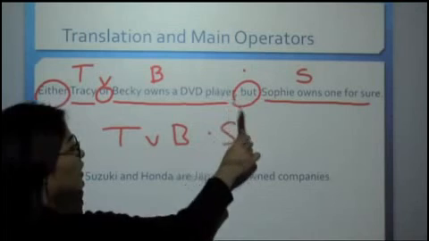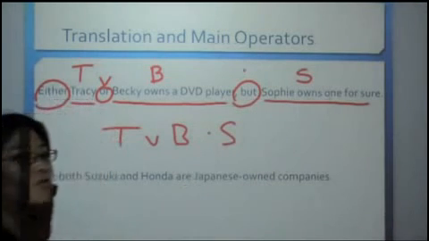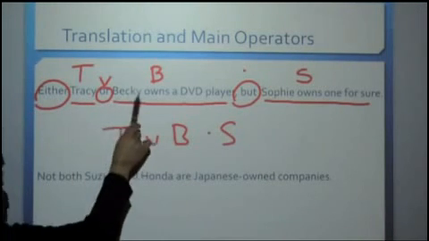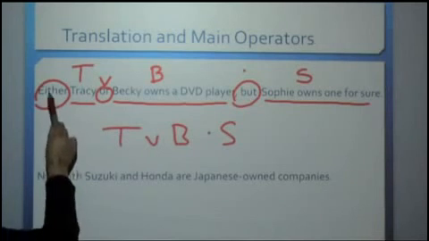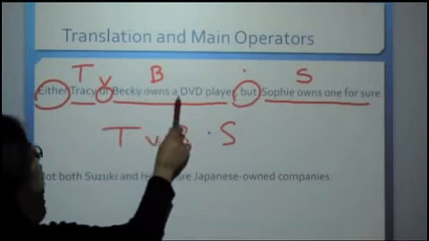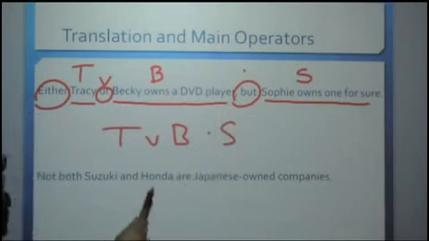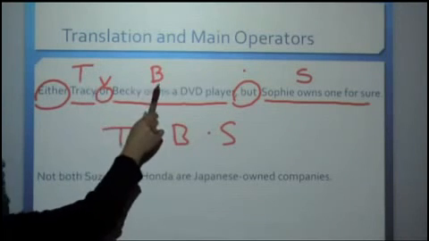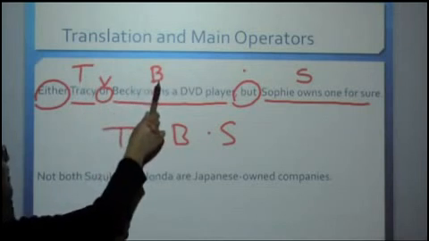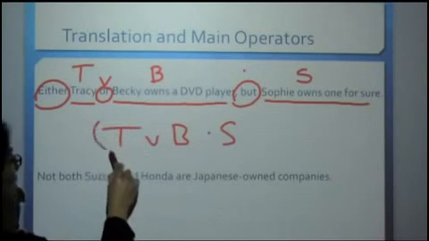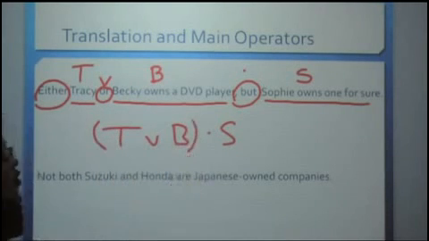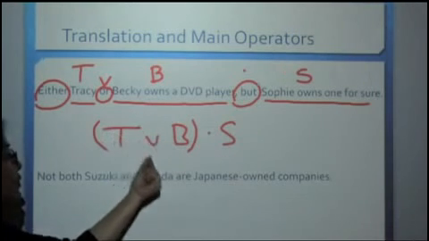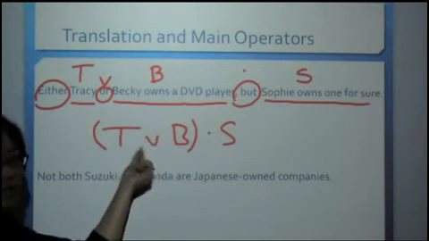Then there's a comma and then it says but Sophie owns one for sure. Based on the statement, because it says either Tracy or Becky owns a DVD player, we know that this disjunction is pulling together the T and the B, okay? So we know then that T and B make a unit together that's being pulled together by the disjunction wedge, okay?